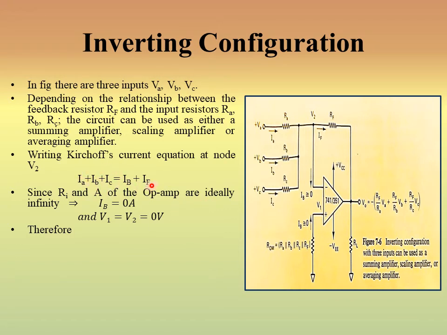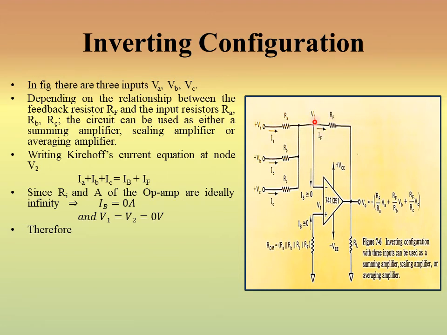Now we have to calculate IF. Now IF will be determined by the voltage here and the voltage here. Here voltage is 0, here voltage is V0. So current is flowing here, so it is at higher potential and it is at lower potential. So V2 minus V0 upon RF is equal to IF.